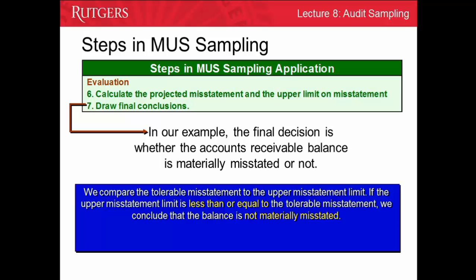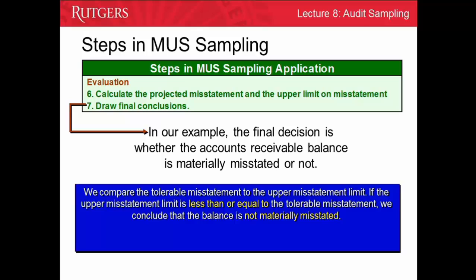The third option is that the auditor can request that the client adjust the accounts receivable balance. In our example, the minimum adjustment would be $25,621, which equals $150,621 minus $125,000, the tolerable misstatement.